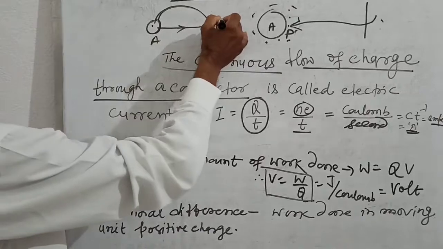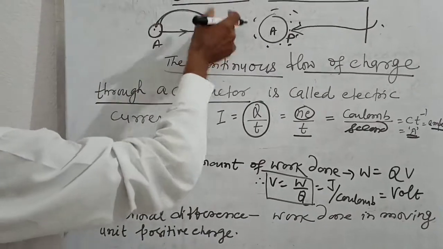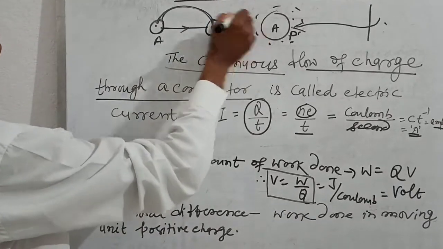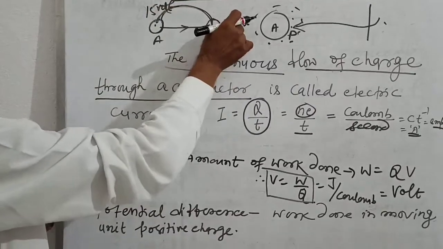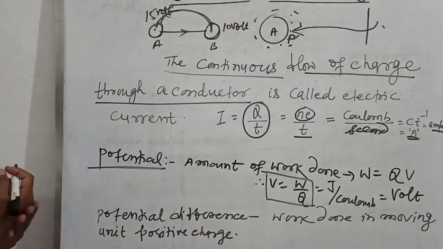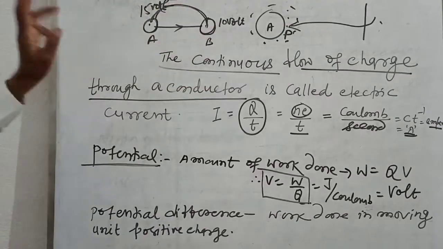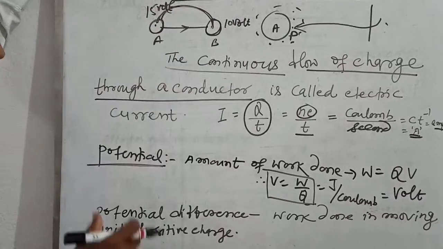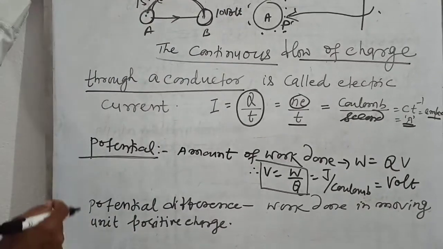Suppose one point is at 10 volt and the other is at 15 volt, the work done will be the difference between the two, 15 volt minus 10 volt, which is 5. One is at higher potential and the other at lower potential, so the difference is 5 volts. So the unit of potential difference is also volt.